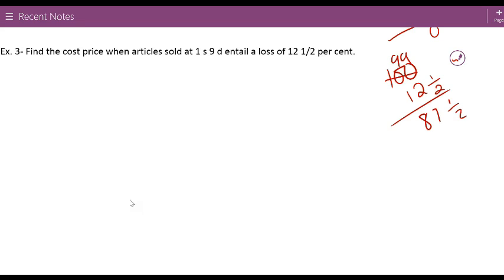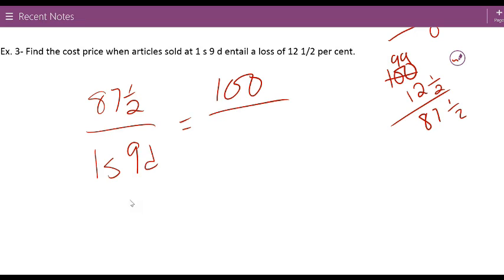Yeah, 87.5. So we have 87.5 over the 1 shilling 9 pence equals 100 over our unknown value, because we want to know how much they bought it for.